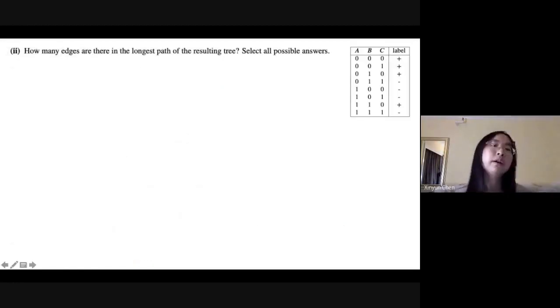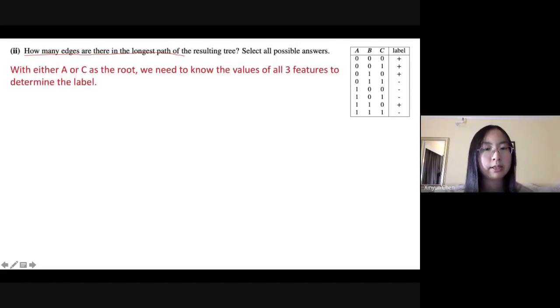Okay, then the second part of the question is asking that if we do these splits by gradually maximizing the information gain per split, then how many edges are there in the longest path of the resulting tree? So basically, in this tree, we are already saying that we will have either A or C as the root.